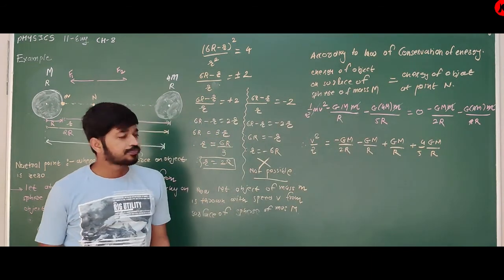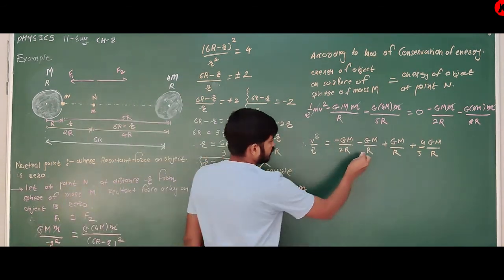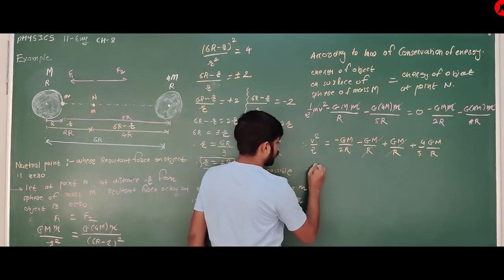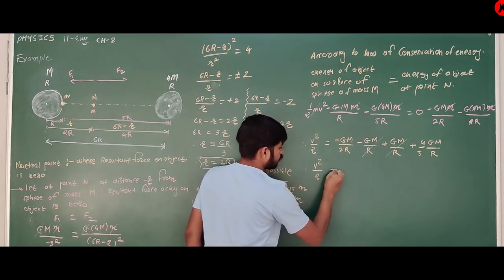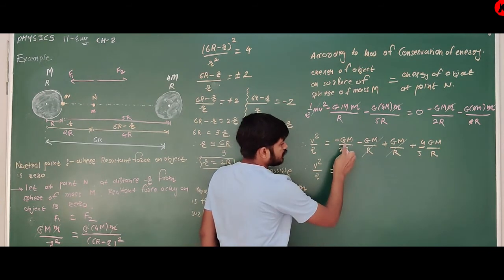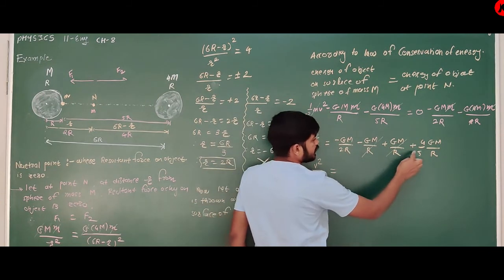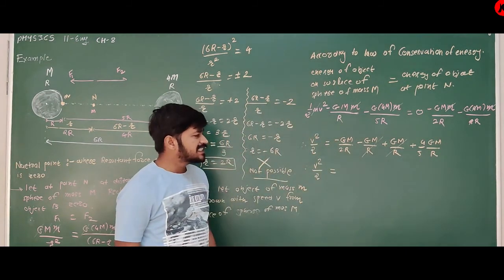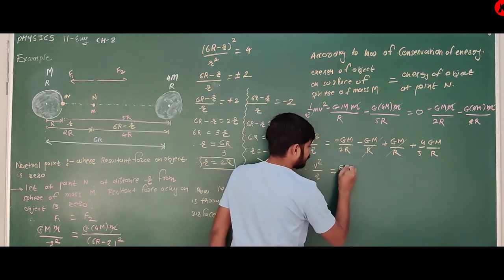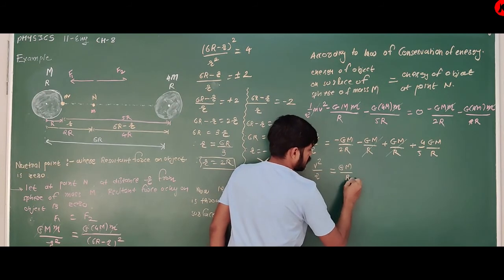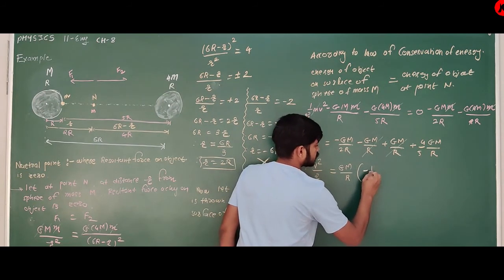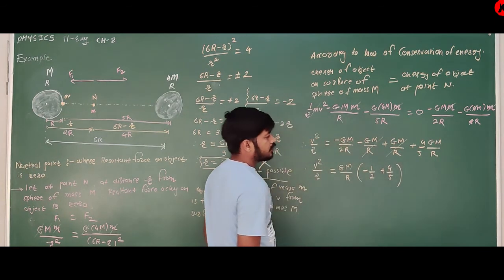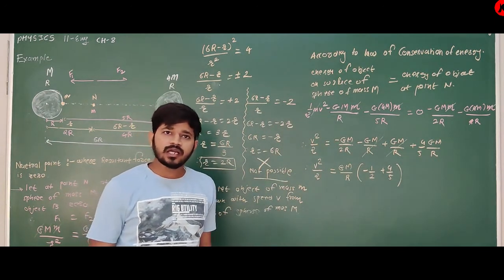Any doubt? Okay, so this minus GM upon r and this GM upon r cancel. Therefore, v square by 2 is equal to minus GM upon 2r plus 4 by 5 GM upon r. If I take GM upon r common, it is minus 1 by 2 plus 4 by 5.